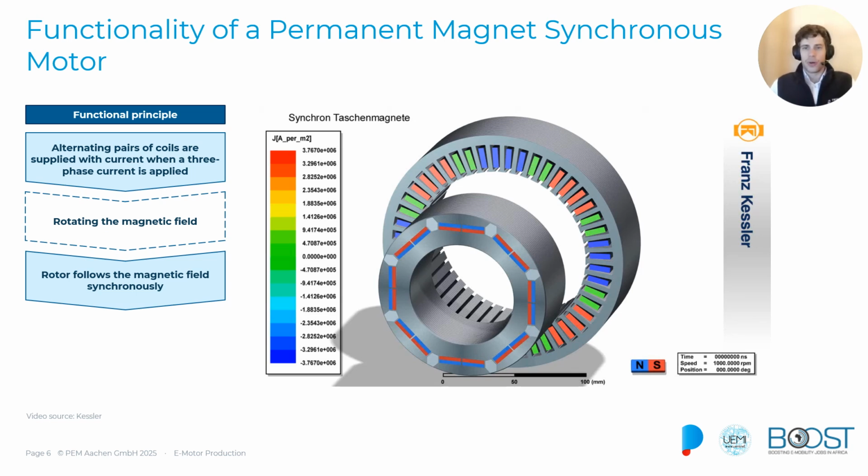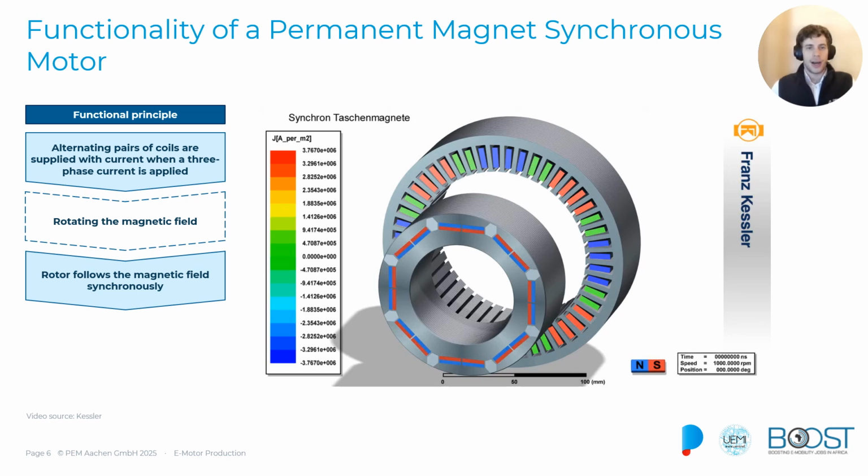Other than the rotor. In this case, the rotor is built with permanent magnets in it. And when we put this rotor into the rotating magnetic field, the rotor follows it because, as we said, same poles repel while opposite attract.